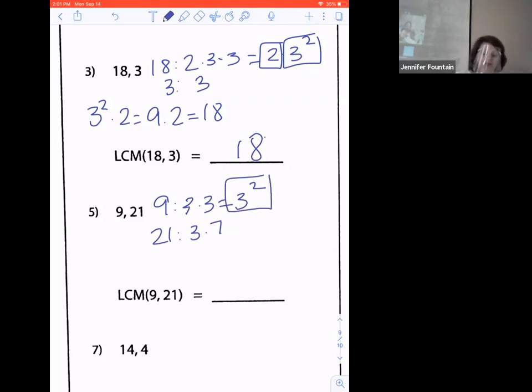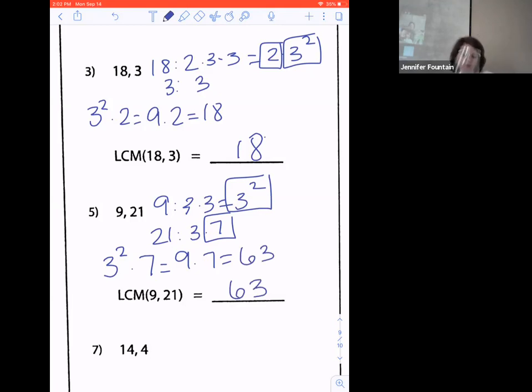Highest exponential value of 7 is 7, so I've got 3 squared times 7. 3 squared, we have seen multiple times over the last few examples, is 9, and 9 times 7 is? 63. 63, good. So that's my least common multiple.